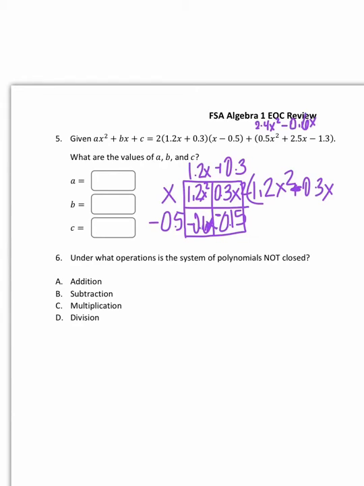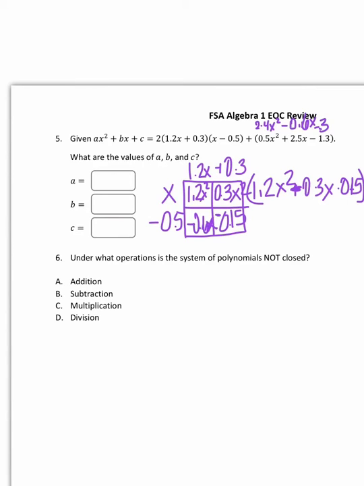And then we have negative 0.15, running out of room, which is negative 0.15 times 2 is negative 0.3.